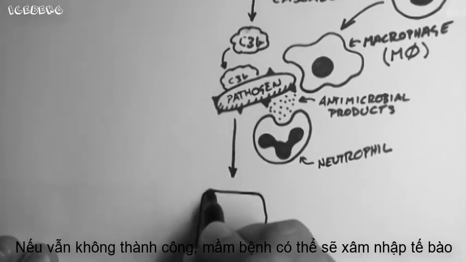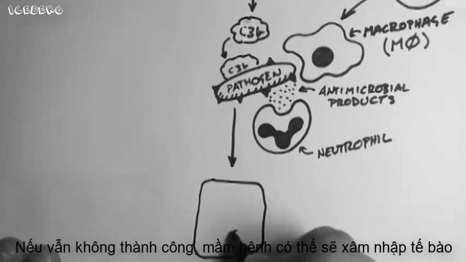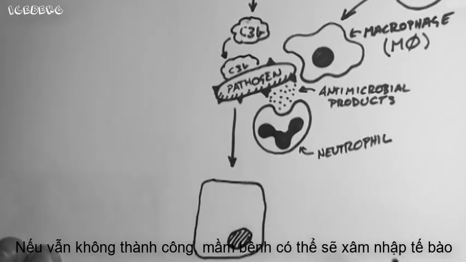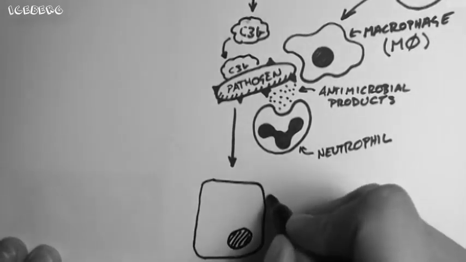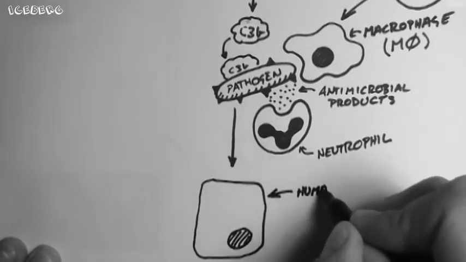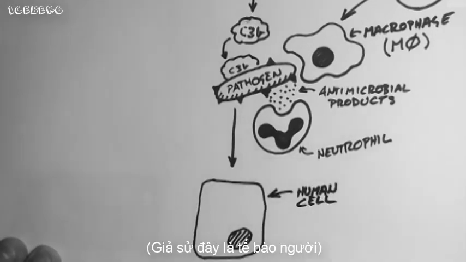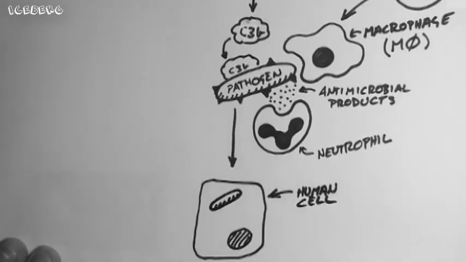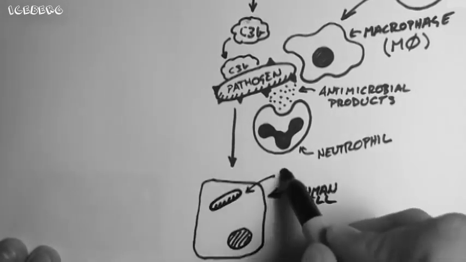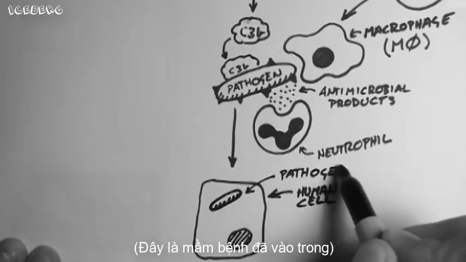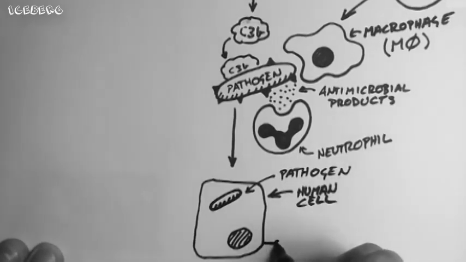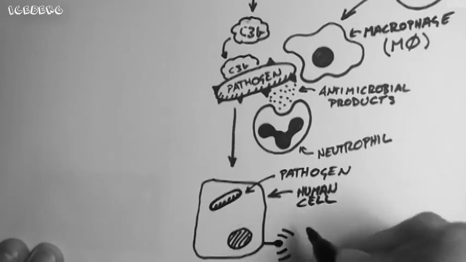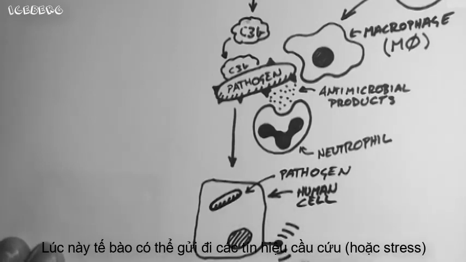If this doesn't work, and the pathogen successfully invades a cell, this is a human cell, and there's the pathogen inside. Then the cell can send out a stress signal.